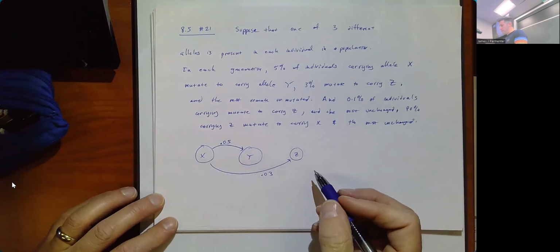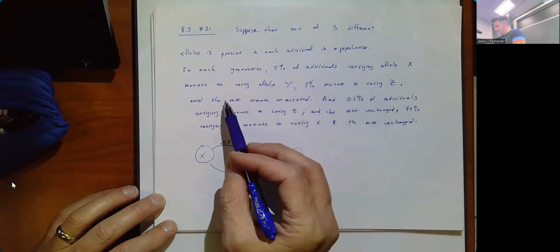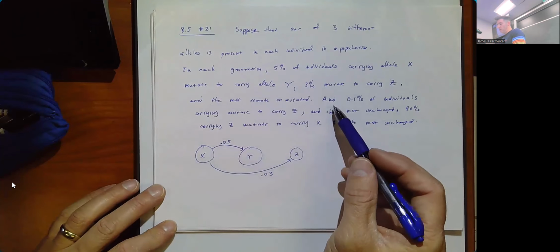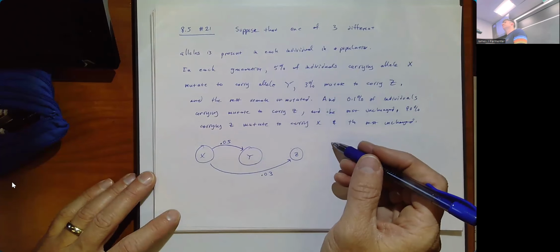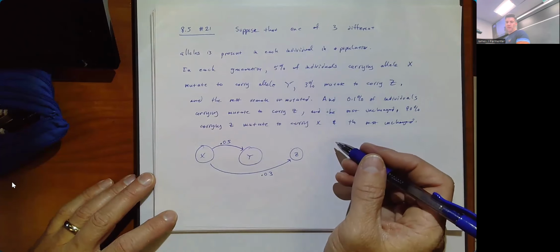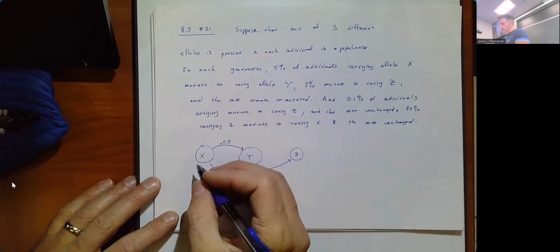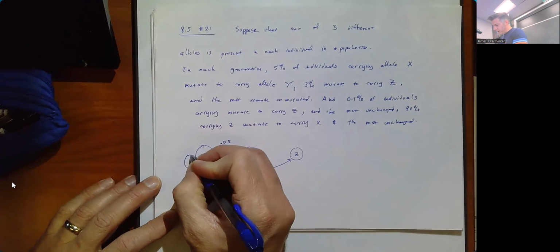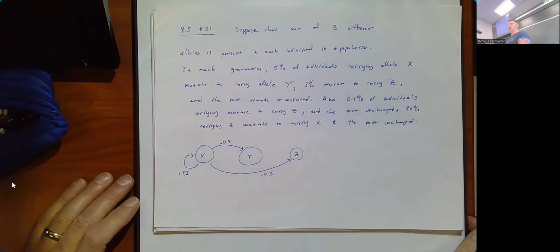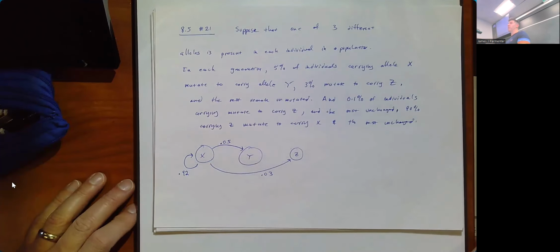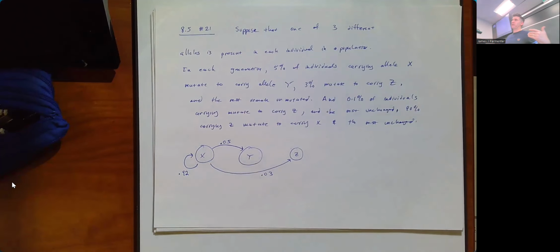And then the rest remain unmutated, which means we should also have an arrow going back on itself saying the other 92% stick around and stay X's from one generation to the next.